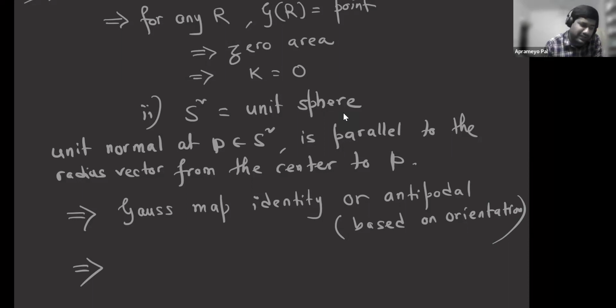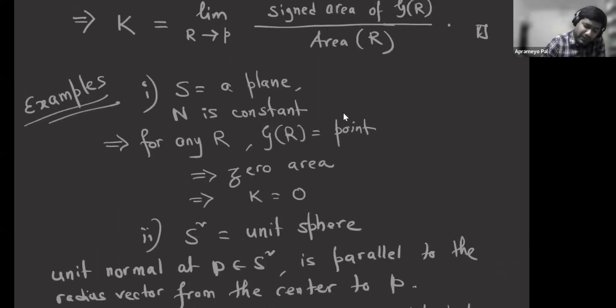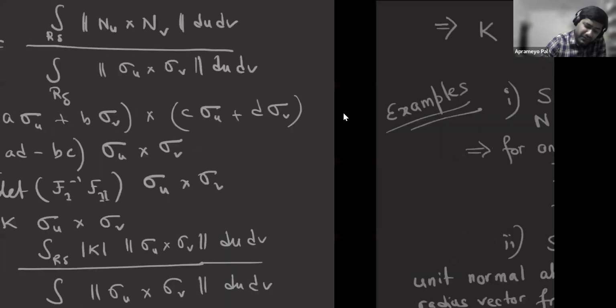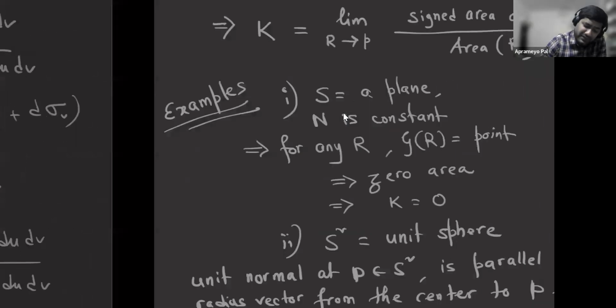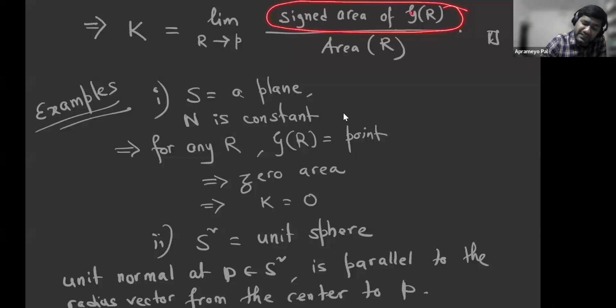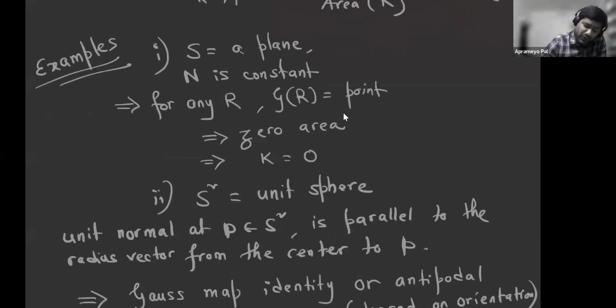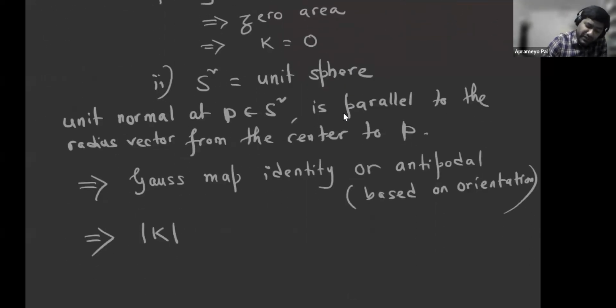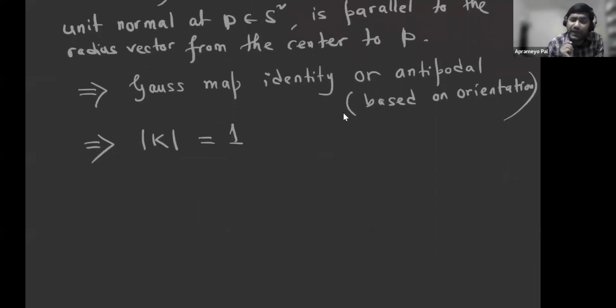So in the formula, the signed area of G of R, if G is the identity, and both of them are the same, then what you obtain is that mod K is 1. Now we only have to figure out the sign.